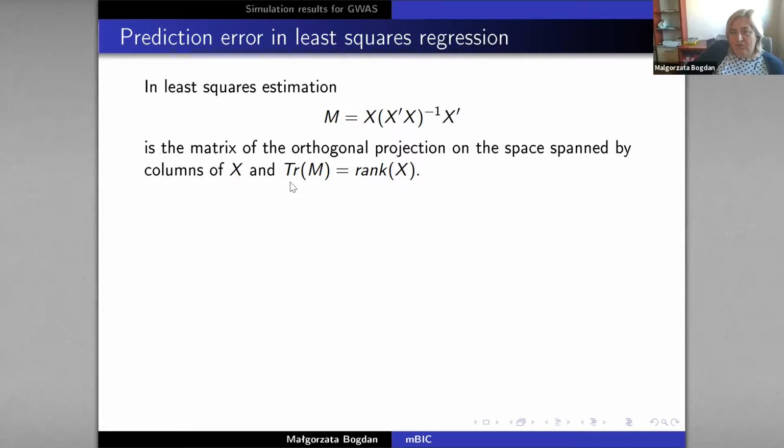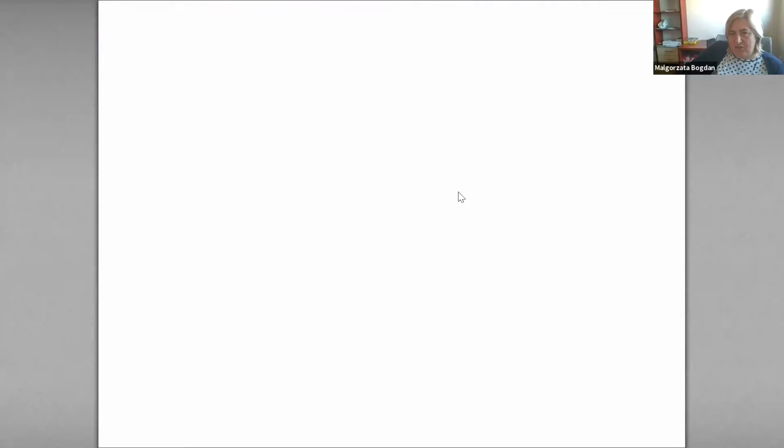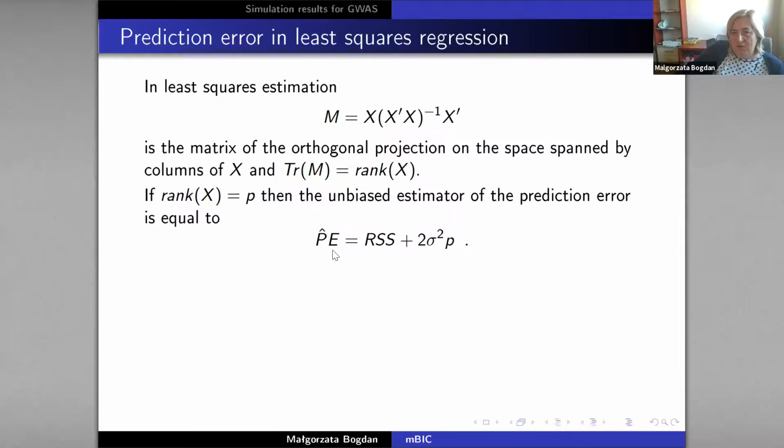We know that the trace of a projection is equal to the rank of the matrix X. So if the columns in your matrix are linearly independent, then the prediction error is equal to the expected value of the residual sum of squares plus 2 times sigma square p.